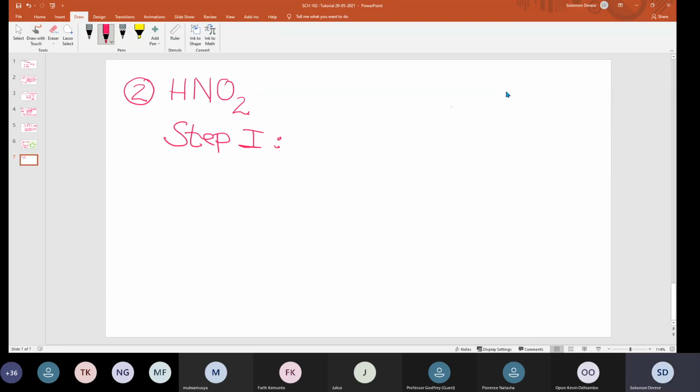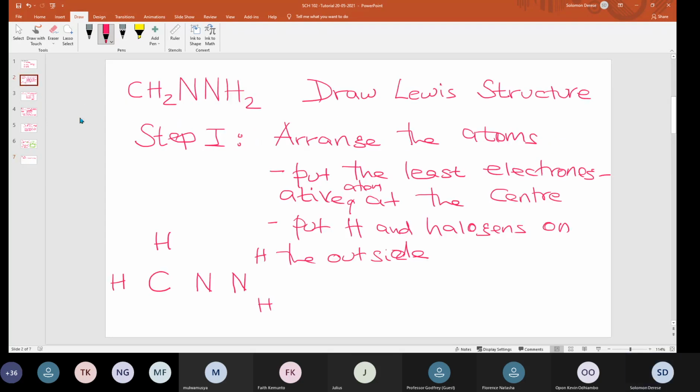is arrange the atoms. You take your time in arranging the atoms the correct way. If we had arranged these atoms differently, it would be a totally different structure.